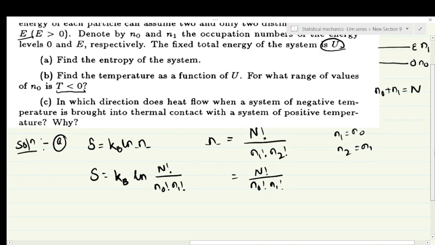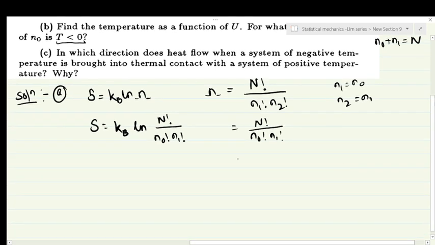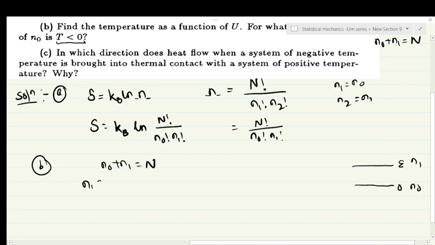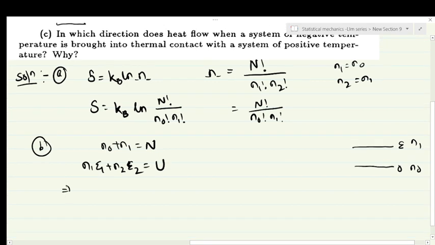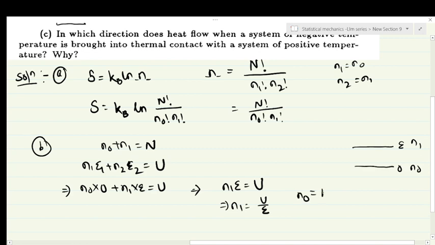Here N0 plus N1 is equal to N. Let me draw again: this is 0 and E, with number of particles N0, N1, and total N0 plus N1 equal to capital N. The other thing is N0 E0 plus N1 E1 is the total energy U. Here E0 is 0 and E1 is E, so N1 E is equal to U. That implies N1 is equal to U by E, and then N0 will be capital N minus N1, that is N minus U by E.